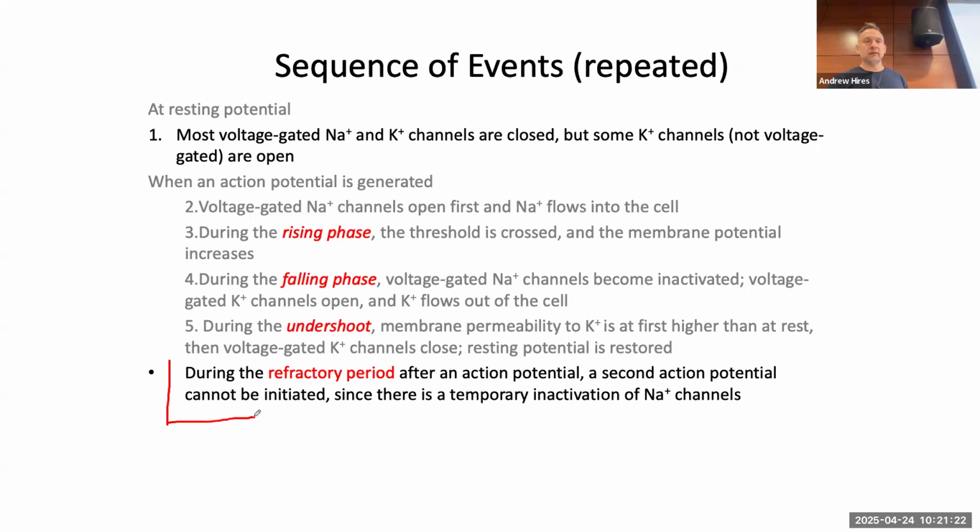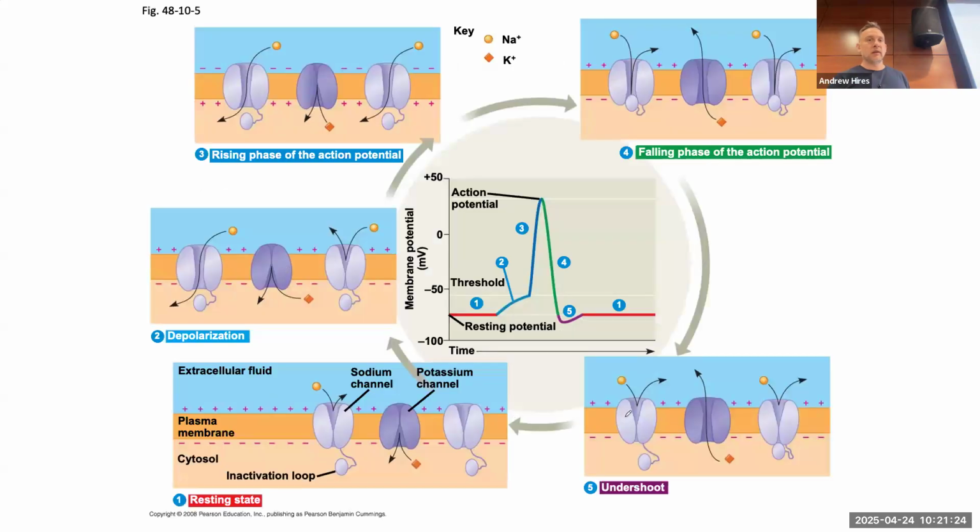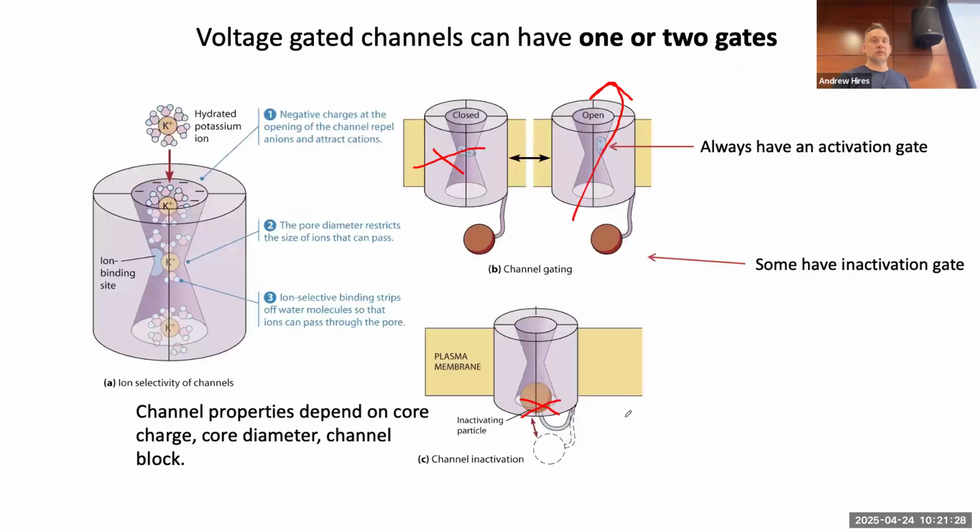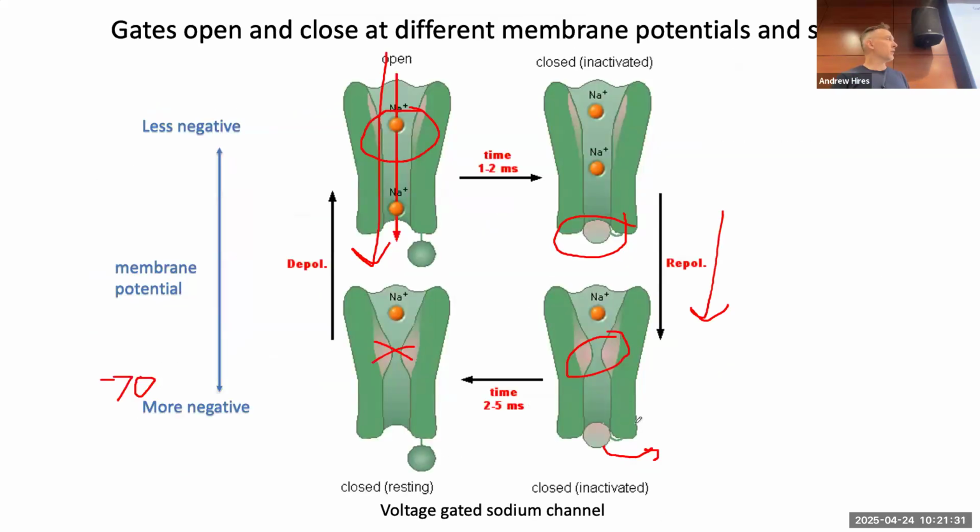That is going to be because during the first few milliseconds after an action potential, most of our voltage-gated sodium channels have their inactivation gate plugged. And it's going to take a few milliseconds for this to unplug itself, so that if you get a depolarization again, you'll be able to open up this gate and allow ions to flow.